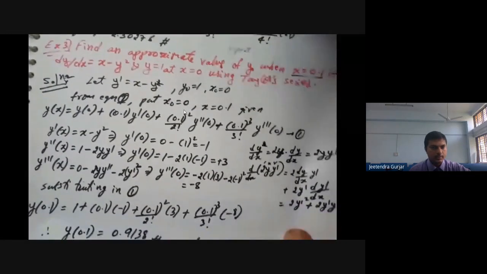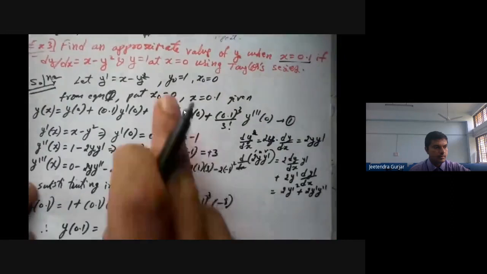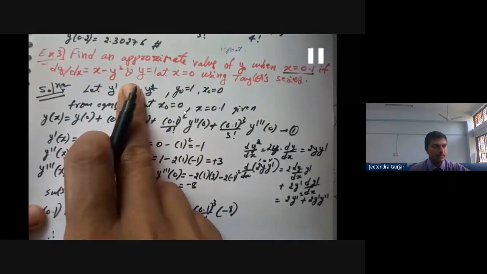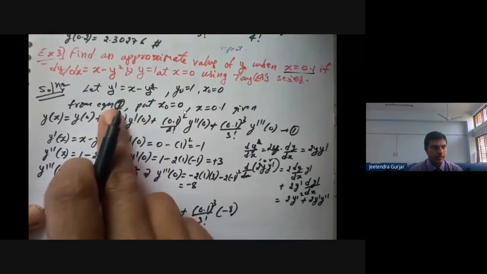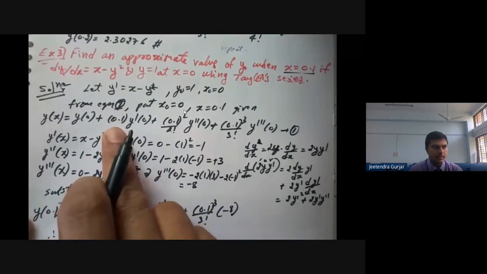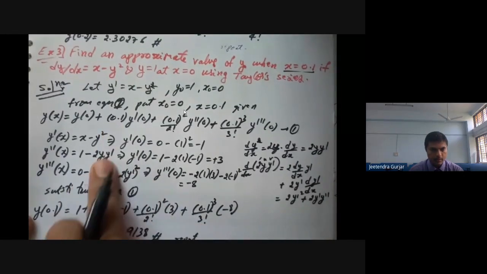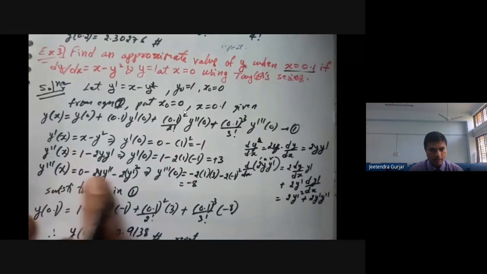So I'll just show you once again what I have done here. So this is what given, dy by dx is equal to x minus y square, and y is equal to 1 and x is equal to 0. So this is our y naught and x naught. Remember, substitute in the Taylor series expansion, y of x, the values you can see, substitute, y naught is equal to 1, x naught is equal to 0.